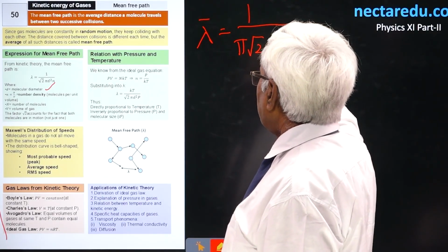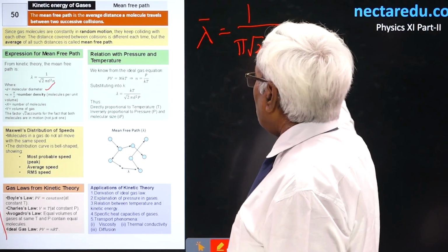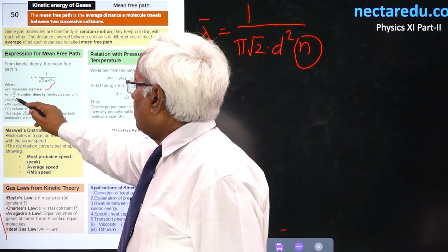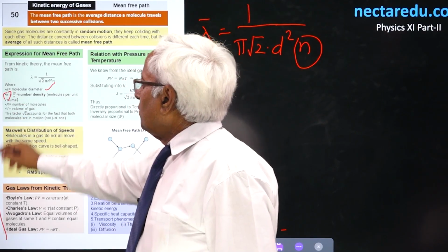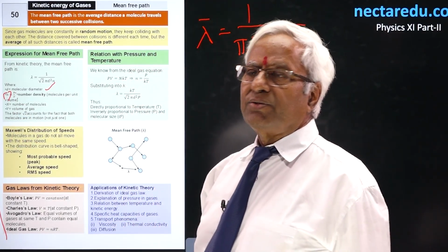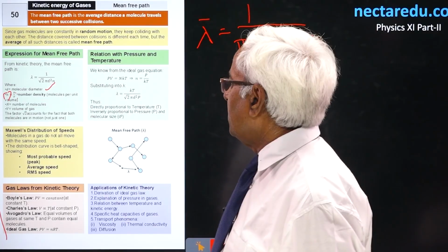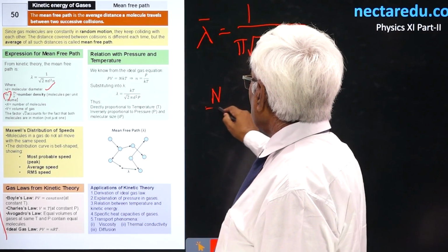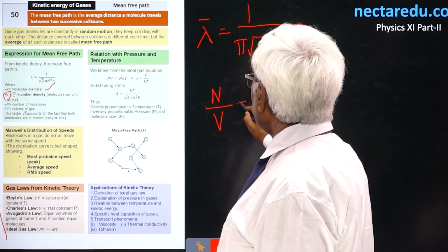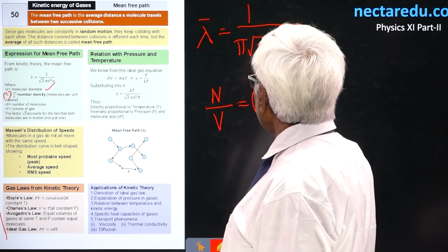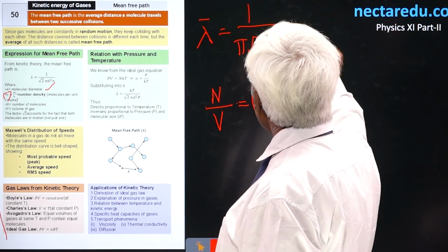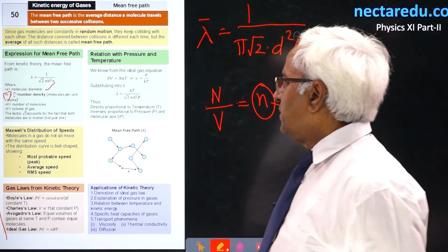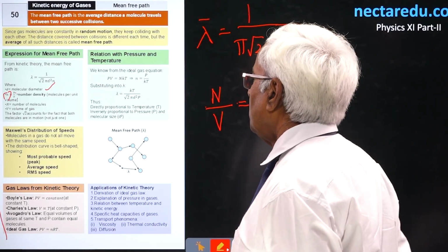The small n is the number of molecules divided by volume. If you consider N the total number divided by volume, then you are going to get small n. This is the number of molecules per unit volume, or you could say this is number density of molecules.